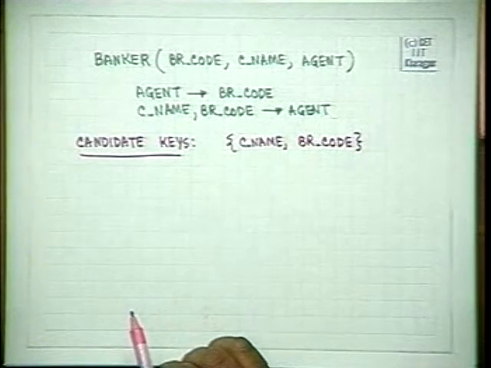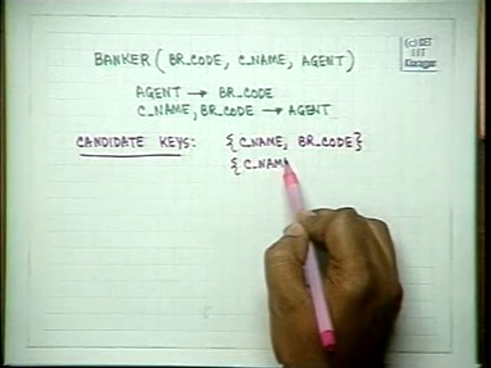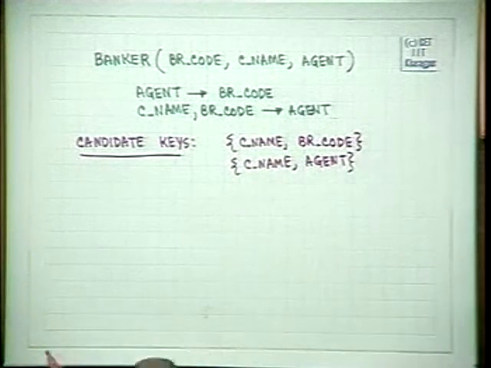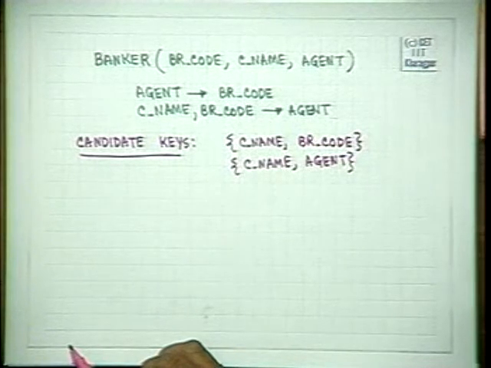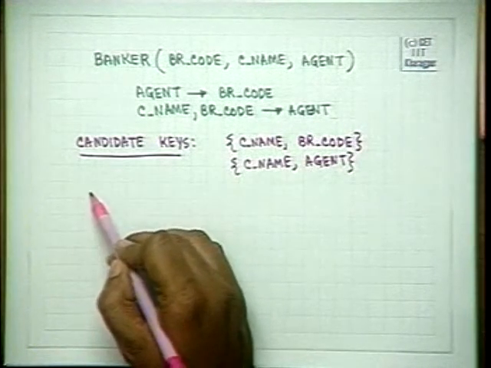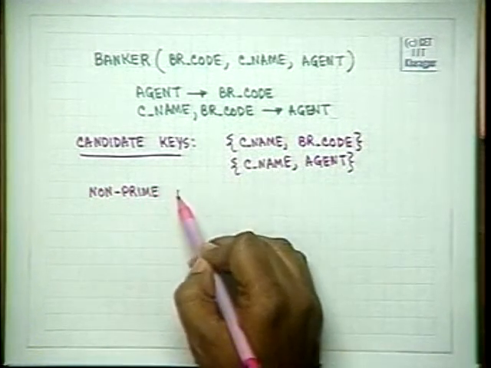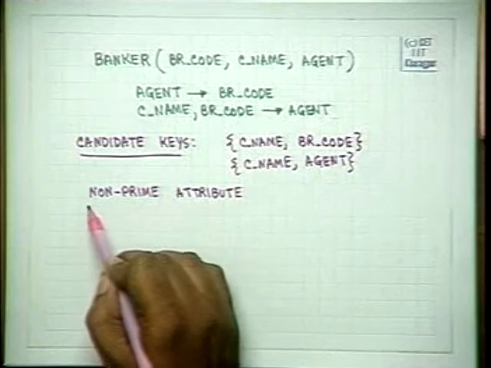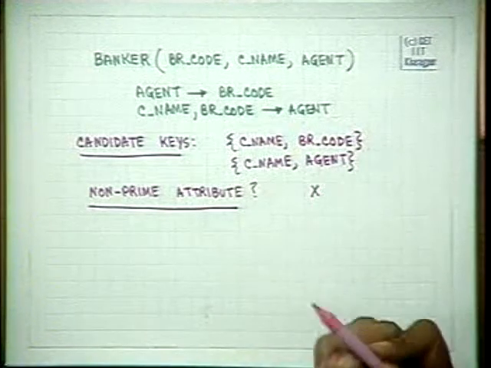Any other candidate key? CNAME and agent. This is another candidate key. So, what is the non-prime attribute? Null. There is no non-prime attribute.